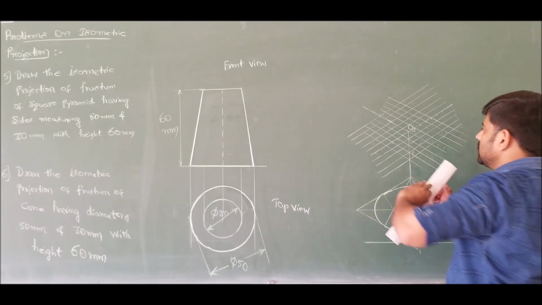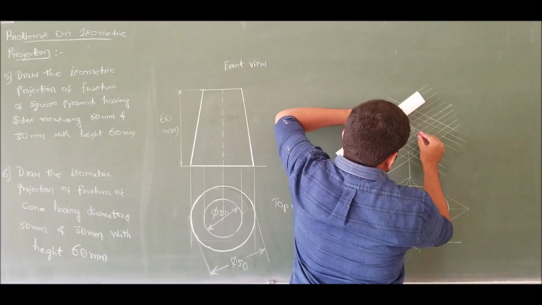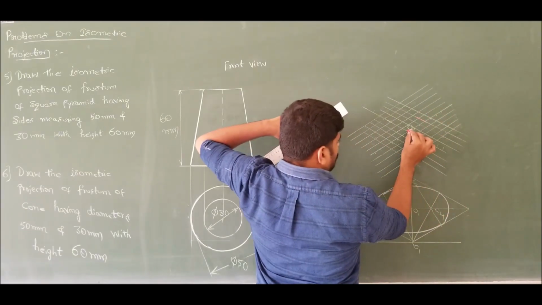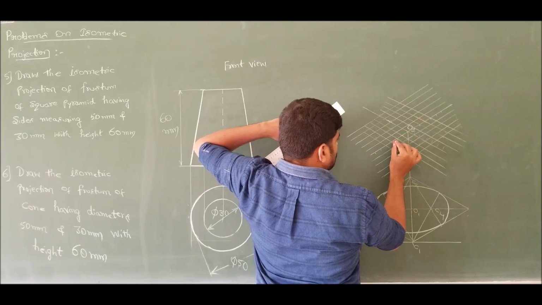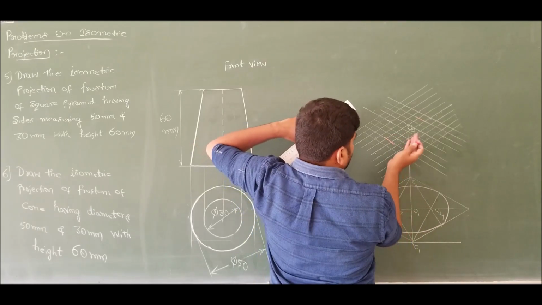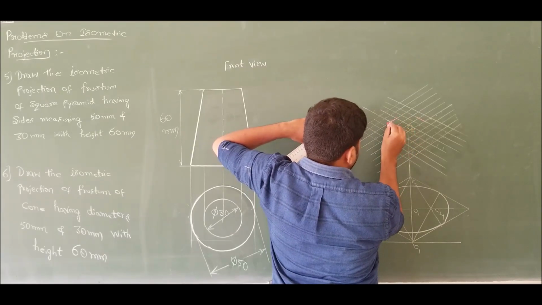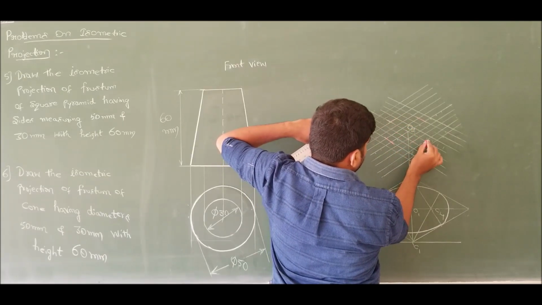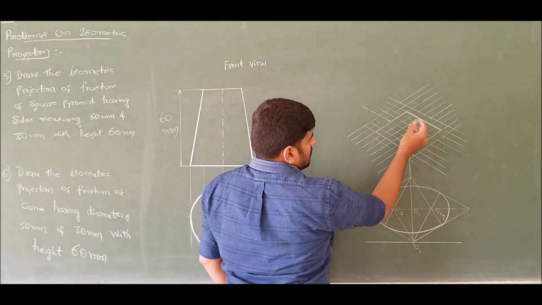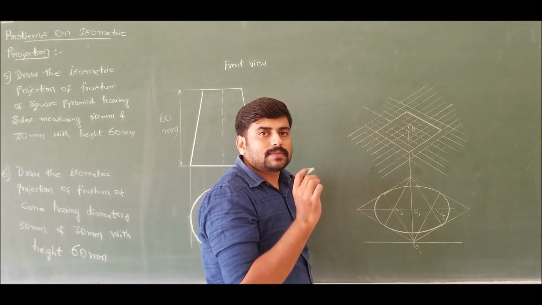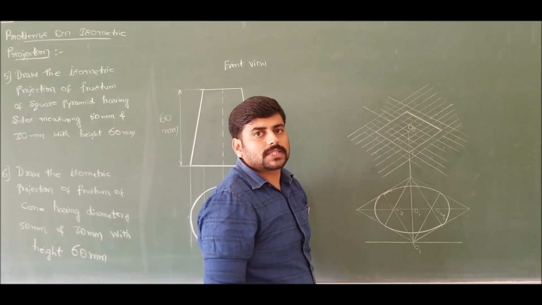So if I choose that, I will get 1.5 boxes upward, 1.5 boxes downward, 1.5 boxes towards left and 1.5 boxes towards right. So this completes the square of 30 mm cross 30 mm side in the isometric projection.